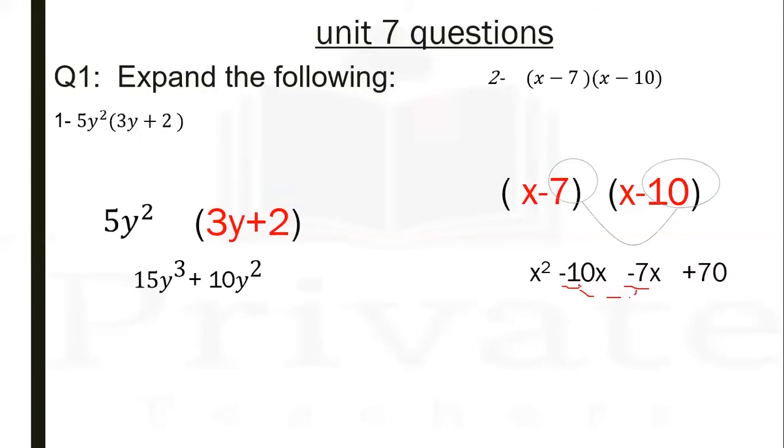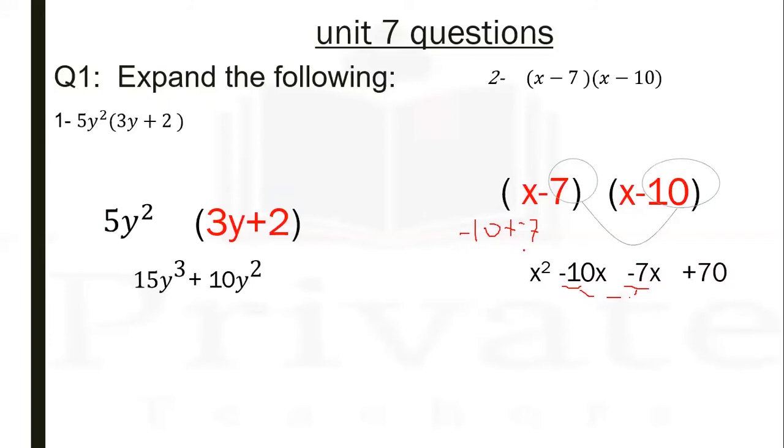We take them as integer numbers. It is negative 10. Imagine it this way: negative 10 minus 7. As I told you, for subtraction of integers, the first number stays as it is, the minus sign becomes positive, and we change the sign of the second number.